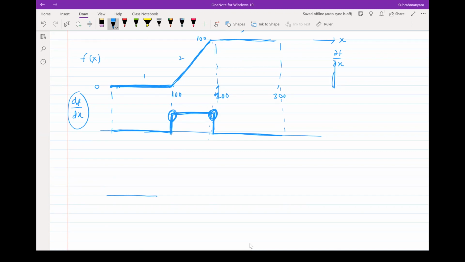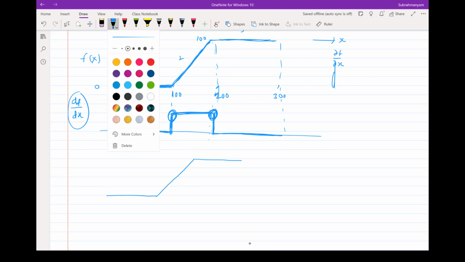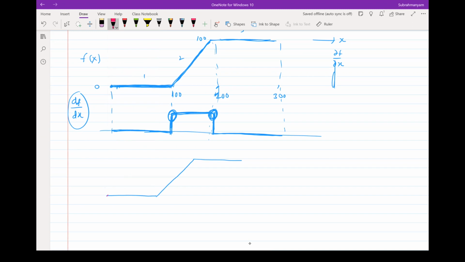So instead of having a profile like this, my new profile is something like this, because there is some noise that got added up here. I am getting a profile like this instead of the original profile.